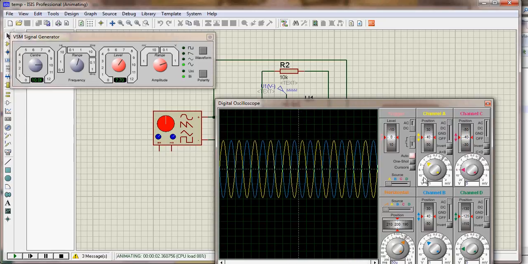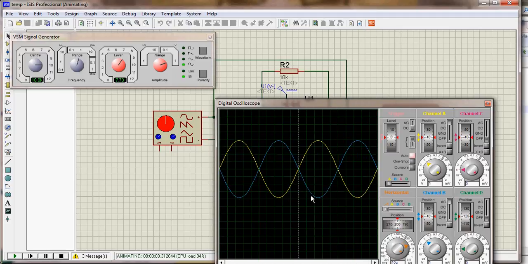Here we can see that the yellow one is channel A, blue one is channel B. Yellow is for input signal and blue is for output signal. The output signal is 180 degree phase shifted, or you can say inverted. So this is the result which we want to observe.